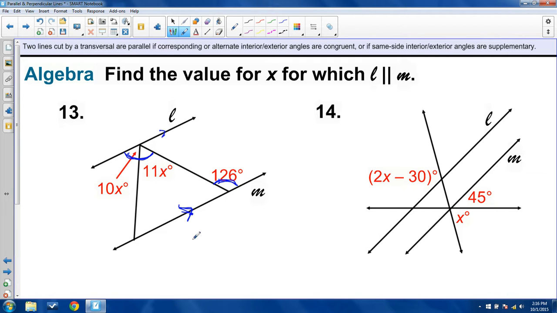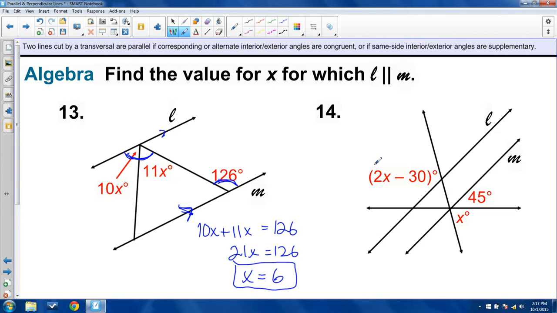And the angle addition postulate says if you add your 2 angle measures together, you should get the larger angle. So I should set these equal to each other because alternate interior angles are congruent. So 10x plus 11x is 21x. When you divide both sides by 21, you should be getting x equals, what is that, 6? So that's what x is, and like I said, always substitute in to double check that gives you 126.